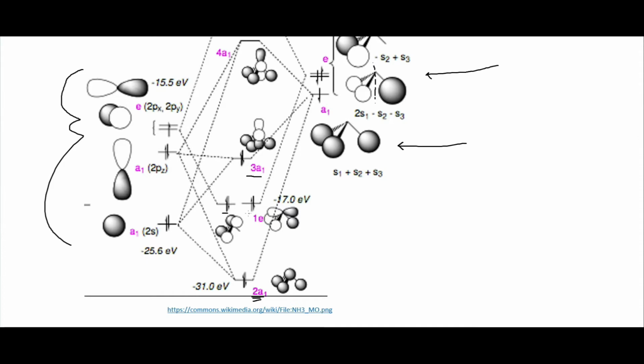We have this degenerate orbital right here, which is the two molecular orbitals of the same energy, the 1E right there. And so we see that this has that PX or that PY orbital from the nitrogen, and then the circles down here are the S orbitals from the hydrogens. Then we have the PX orbital up here at the top, and we see how that is bonding with this s orbital right here.